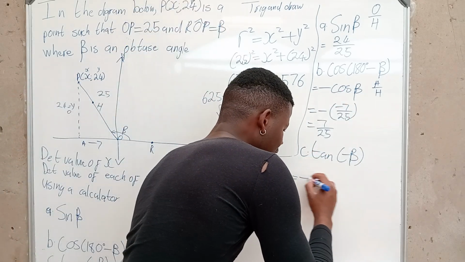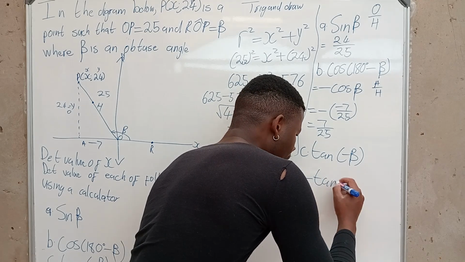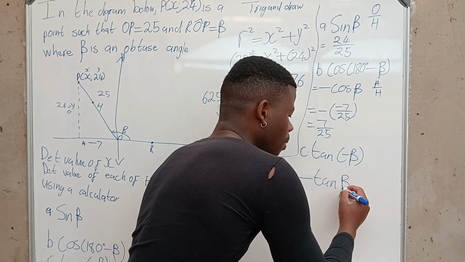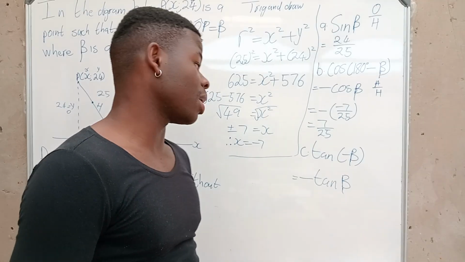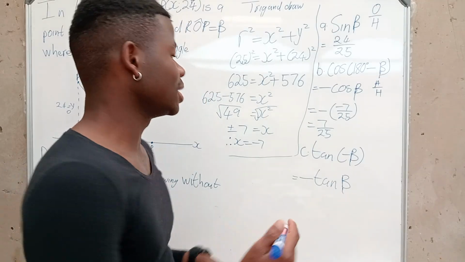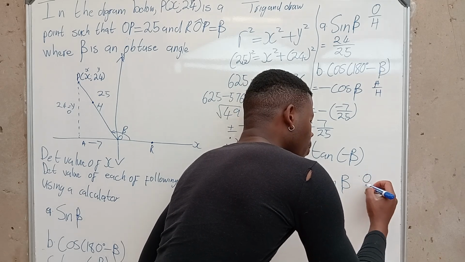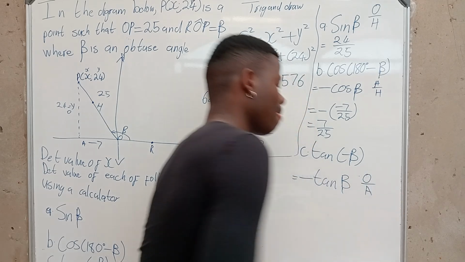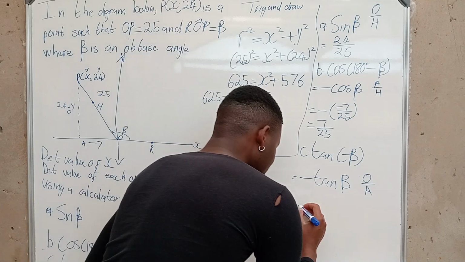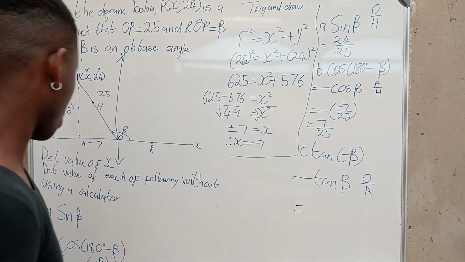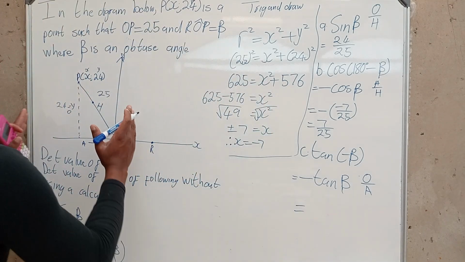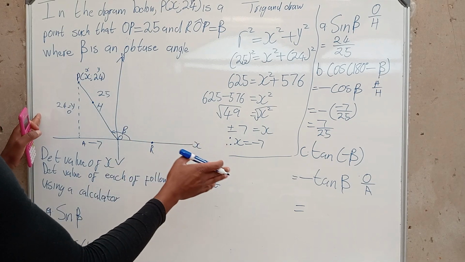Then you'll get negative tan beta. What do we know about tan beta? It is opposite over adjacent. Then we are going to go back to our diagram after simplifying.